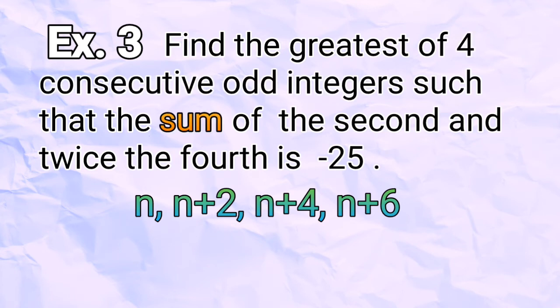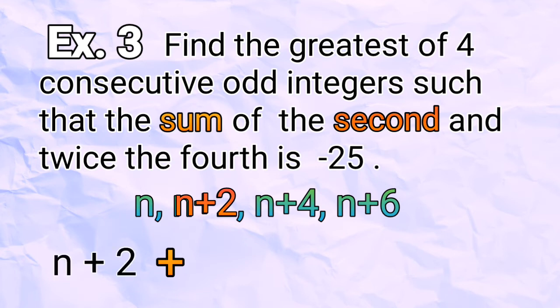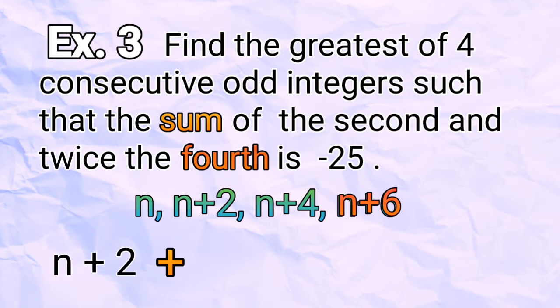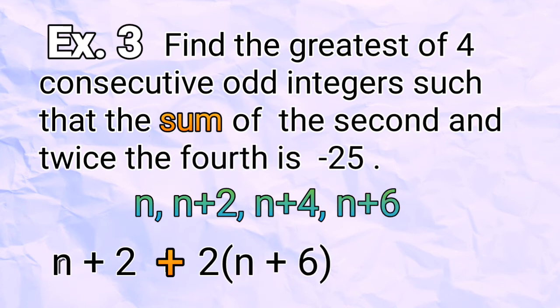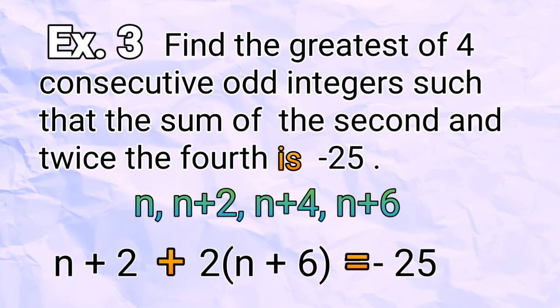Next, we see the word sum, so that tells us that we'll be adding. It says the sum of the second, that's n plus 2, and twice the fourth, so that's 2 times n plus 6. It says that the sum is negative 25, so we have our equation. N plus 2 plus 2 times n plus 6 equals negative 25.